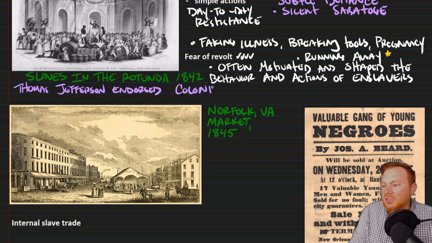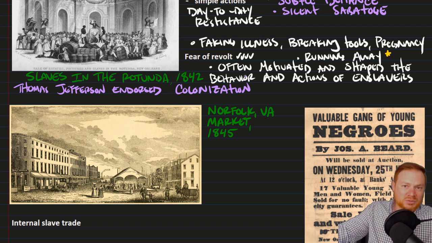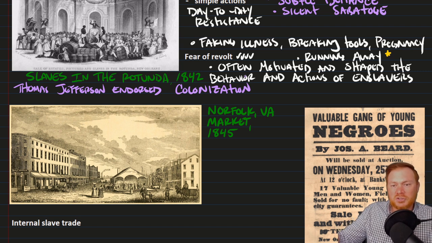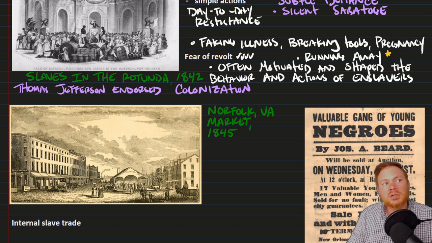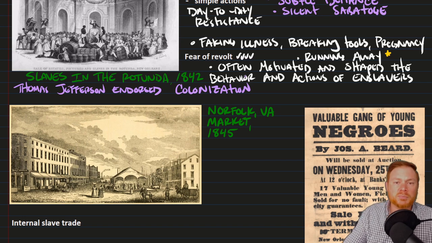Remember, colonization is ending slavery, but then taking that free black population and moving them outside of the United States to Africa. So this was an anti-slavery kind of position, but never with the intention of allowing those free individuals to live in the United States, and actually separating them, colonizing them in Africa.